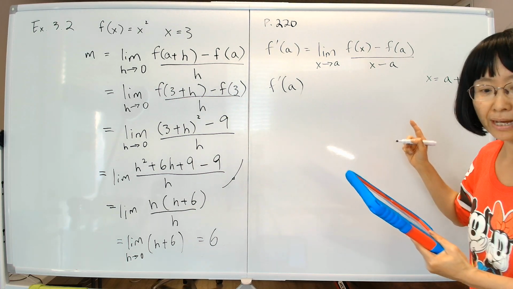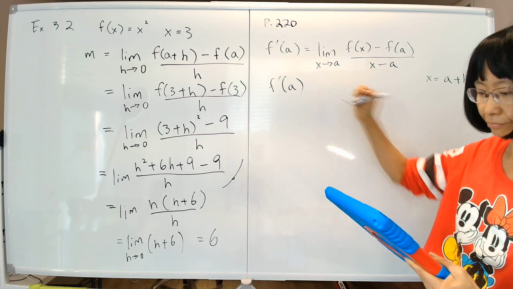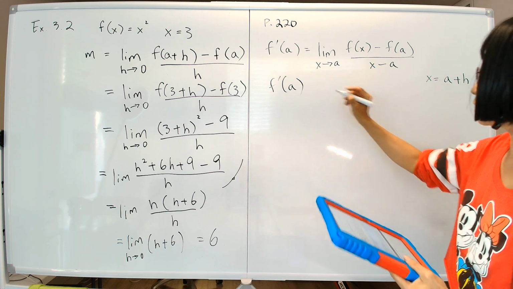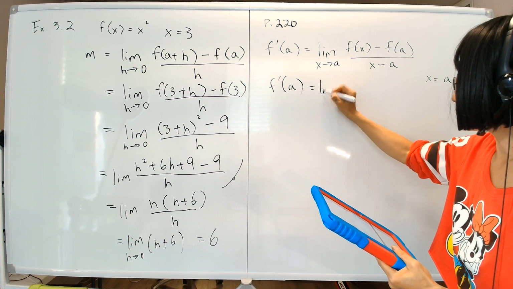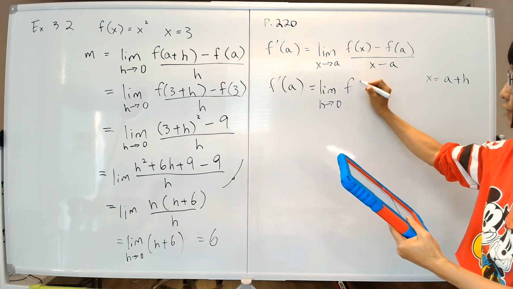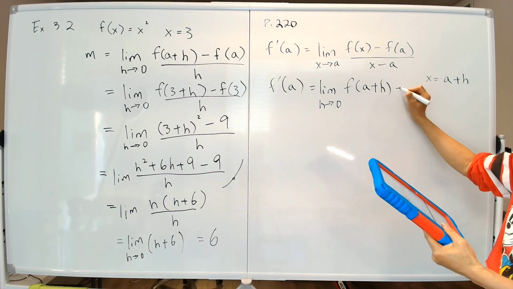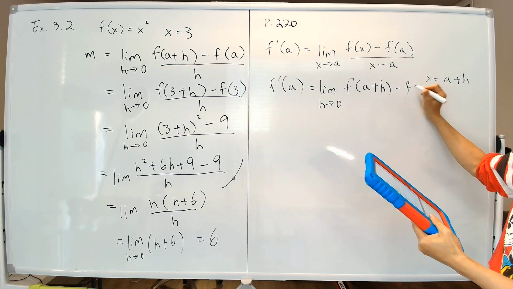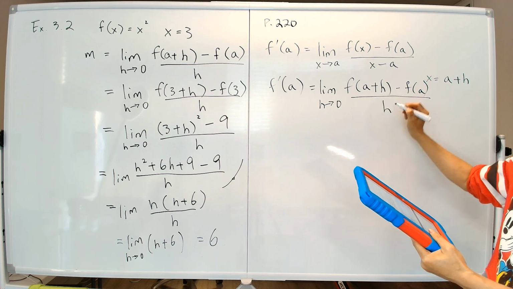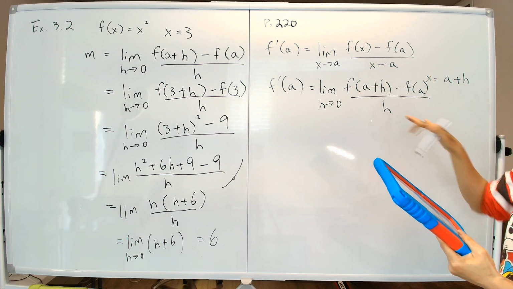So we have: limit as h approaches 0 of f of a plus h, replacing x, minus f of a, which doesn't change, divided by just h, because a plus h minus a is just h.